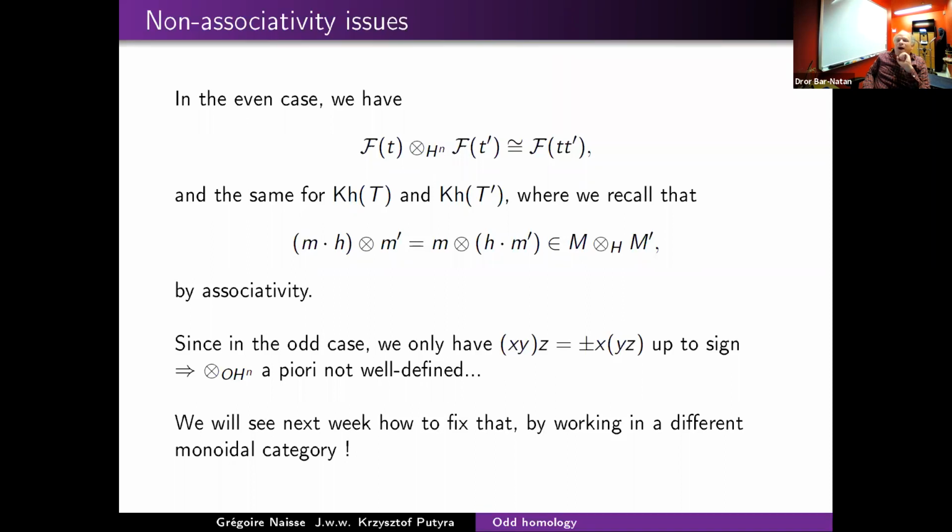And if you had to consider 2 to the 30 smoothings, you'd die. And the point is that you don't have to in the case of ordinary Khovanov homology, but do you have to do it in the case of odd Khovanov homology?